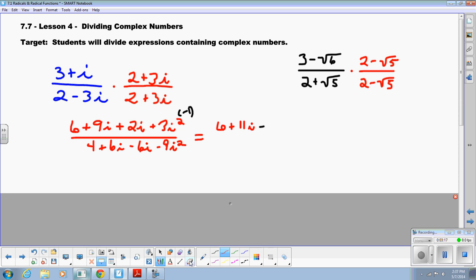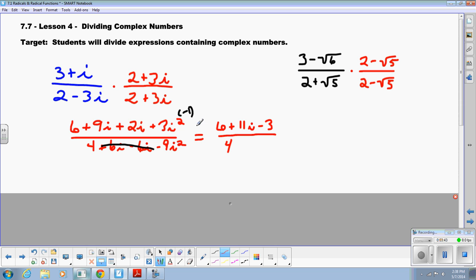I want my red marker over here. So going back to that, that would be a negative 3, all over 4 plus 6i minus 6i. Well, here our middle terms disappear. Positive 6i and minus 6i goes away. So I don't have to worry about that. So then I have 4. And then again, i squared is negative 1.